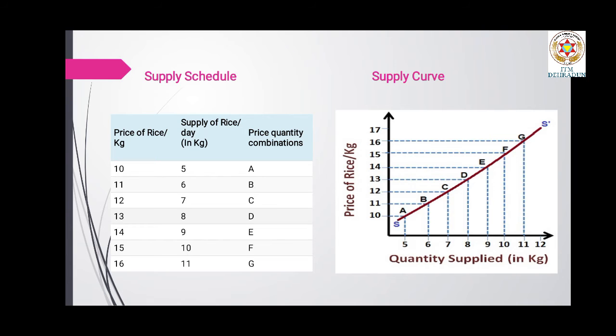And when we depict these quantities on a graph, we have a supply curve which shows an upward rising curve. In this diagram, on the x-axis we have taken quantity supplied, and on the y-axis the price of the product. So with the increase in price, the supply also increases. So here we have an upward rising supply curve.